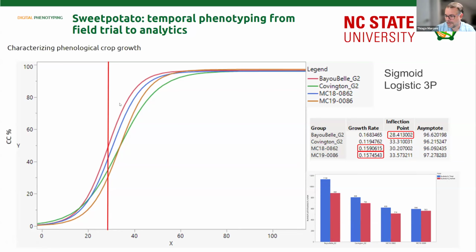So here we can see differences and point out the growth rate per day of each of these plots, and the maximum potential, the asymptote, for each of those plots. So now you have clear metrics to compare between your plots and make decisions.